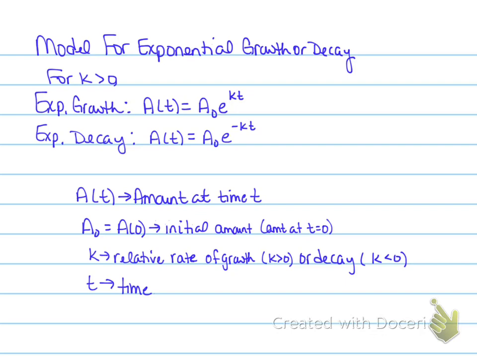Remember, A of t is the amount at time t. A sub 0 is A of 0, which is the initial amount, when time t is 0. k will be our relative rate of growth when it's greater than 0, or decay when it's less than 0, and t is going to be our time.